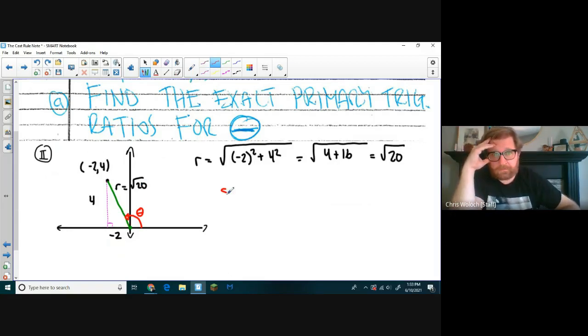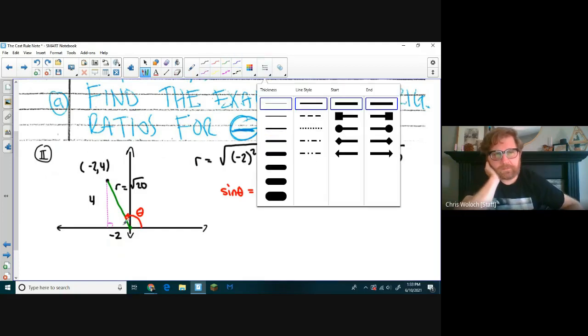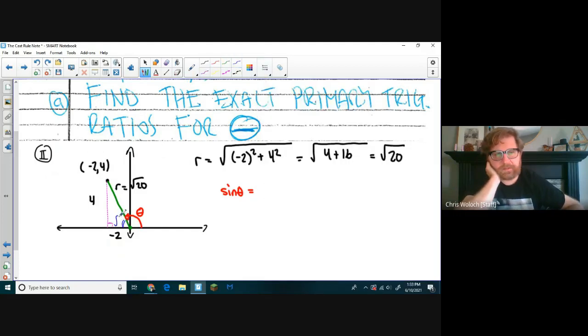So now, what we do, we'll just write out our ratios. We'll have to label beta. So again, no worries, this angle here is beta. So sine is, remember, y over r. So it's going to be 4 over square root of 20.